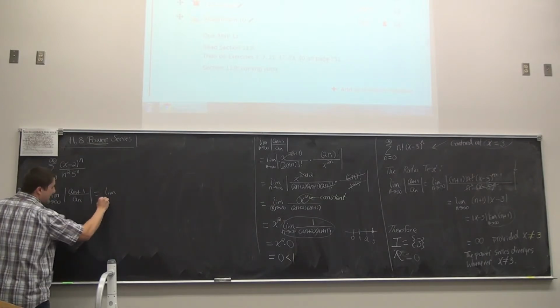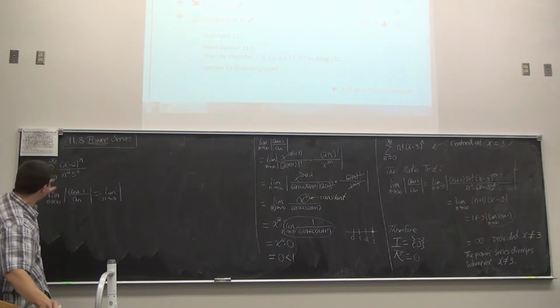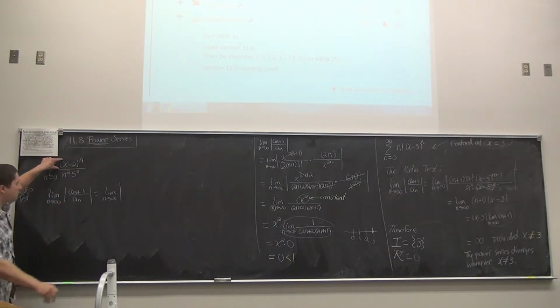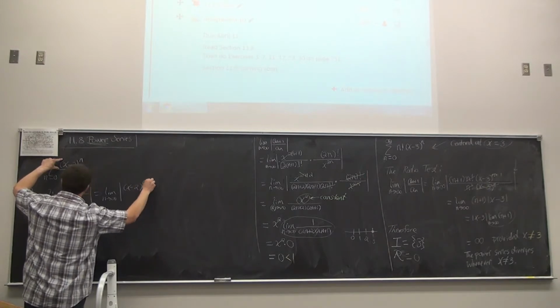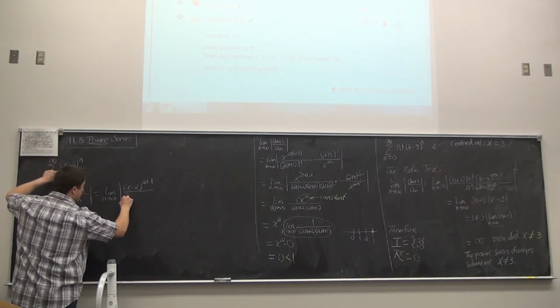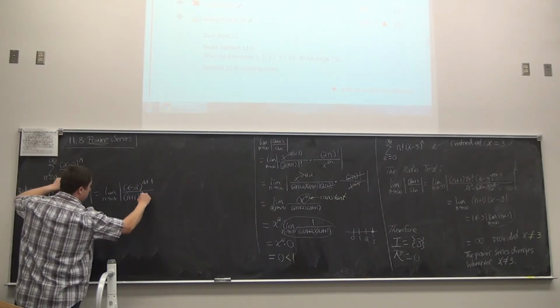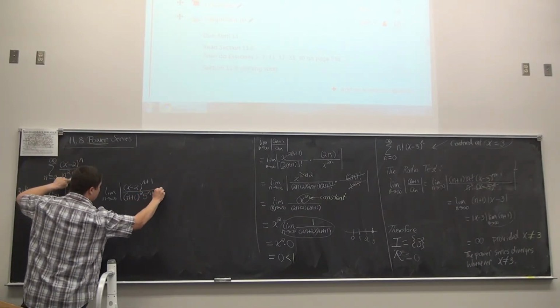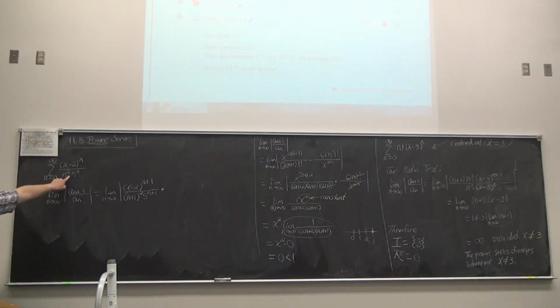So this will be the limit as n goes off to infinity of, first we'll do the n plus 1. So this is (x minus 2) to the power n plus 1. N squared will become (n plus 1) squared, and 5 to the n will become 5 to the n plus 1. Really not a huge amount of copying.